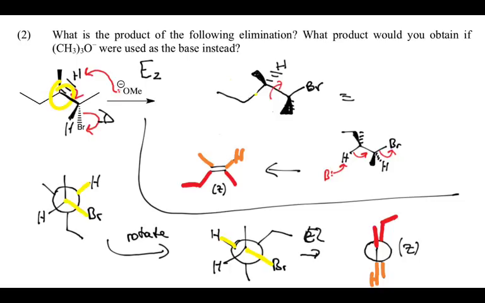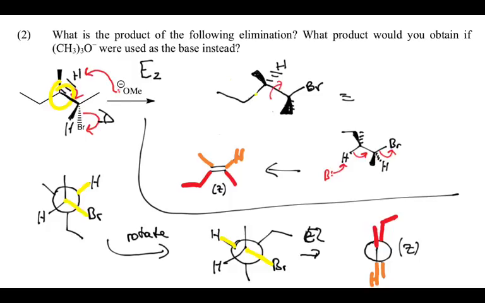So if it's over here, you see the carbon-bromine is pointing down to the right. So this has to point back up to the left. So it has to be opposite, it has to be anti. If you rotate it too much, then it's not anti anymore. There's only one way you can rotate it so it's anti. Okay? Good question.